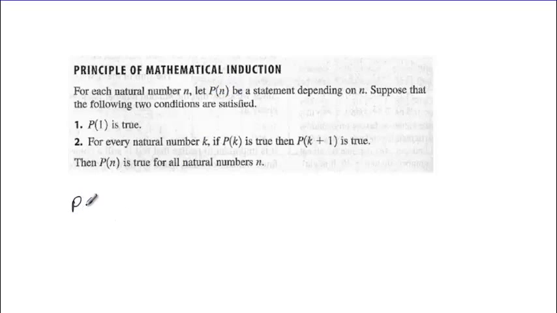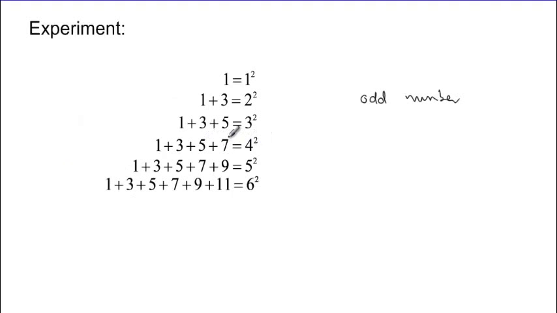In the previous slide, you can say that the sum of the first 2 odd numbers is equal to 2 squared, and the sum of the first 3 odd numbers is equal to 3 squared. So we can end up having a statement about natural numbers, in this case odd numbers.